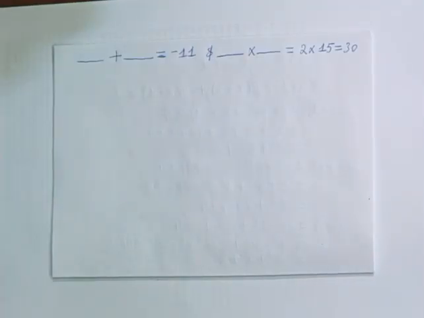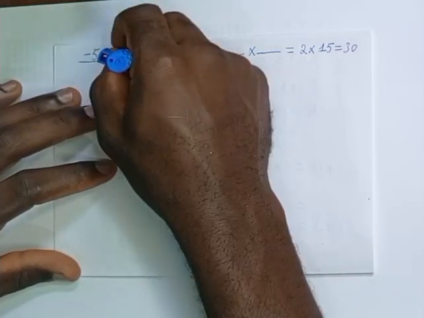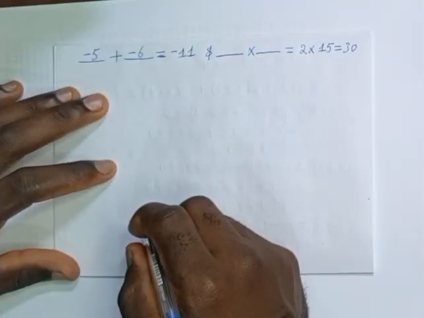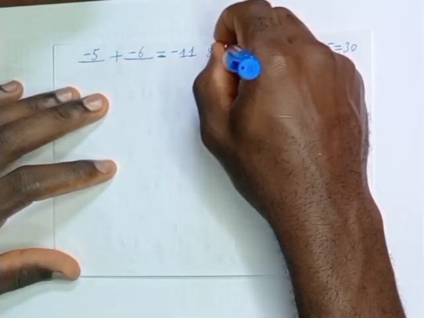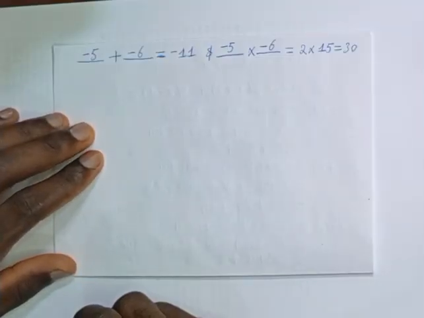You'll see that if we make use of negative 5 and negative 6, negative 5 plus negative 6 gives us negative 11. Negative 5 times negative 6 gives us positive 30.